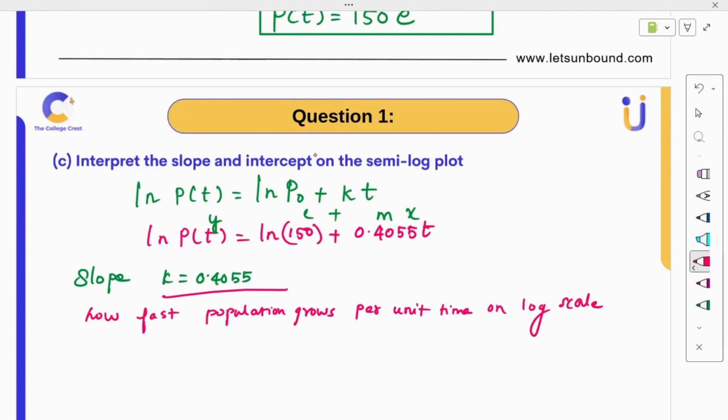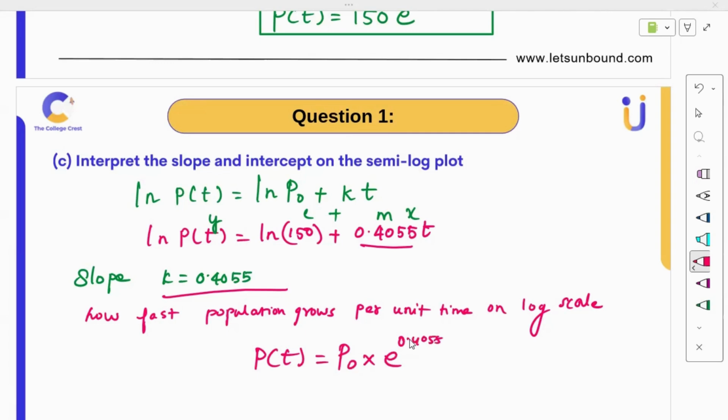What we can see here is 0.4055. In this case, the population is calculated as P of t equals the initial population times e power kt, with 0.4055 and t.